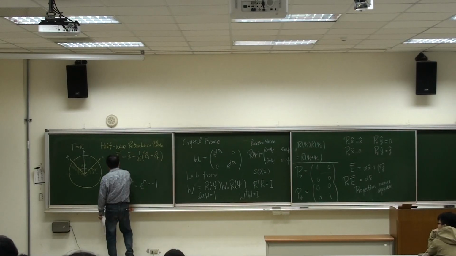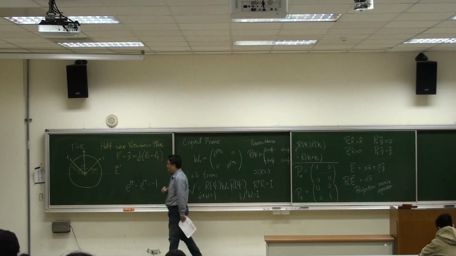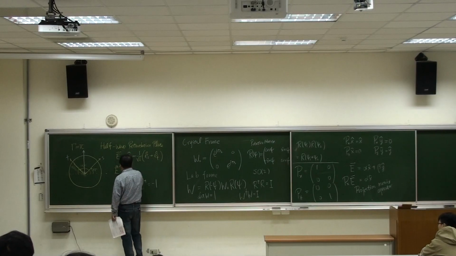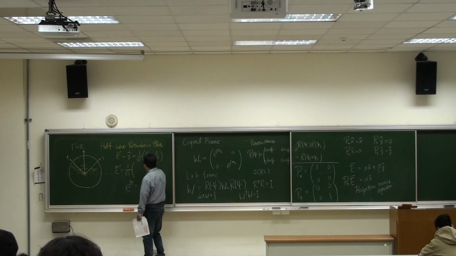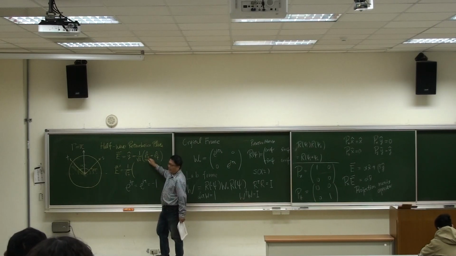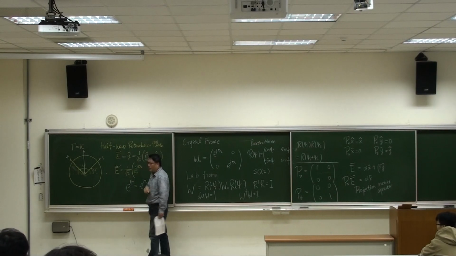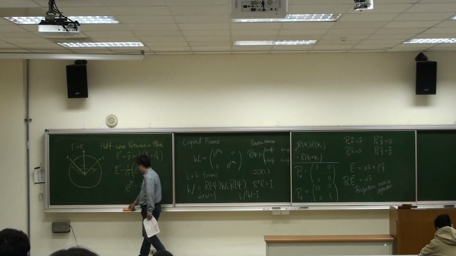Then, after penetrating through this waveplate, the new polarization becomes this one. The S component gets a phase exponential minus i gamma over 2, times EF. Okay.